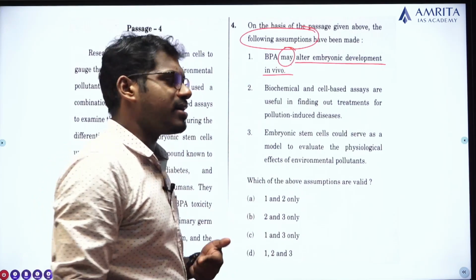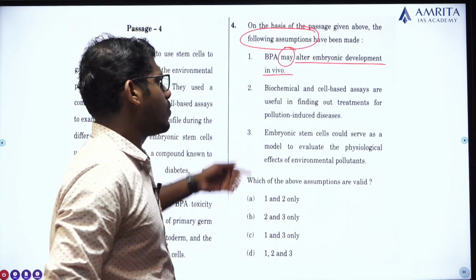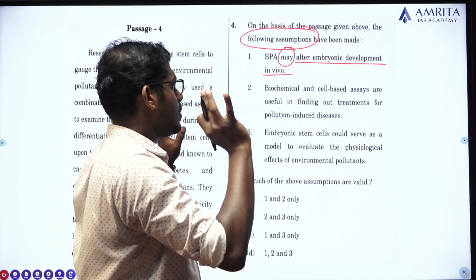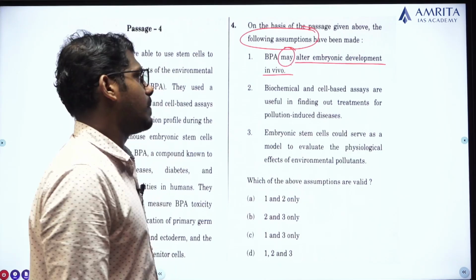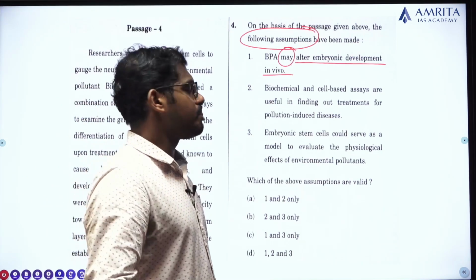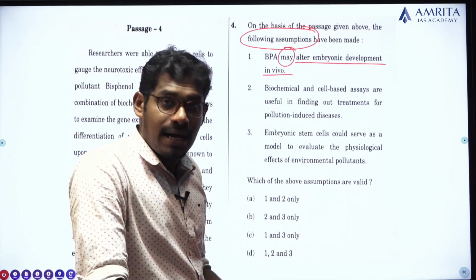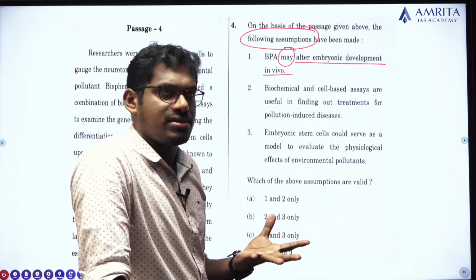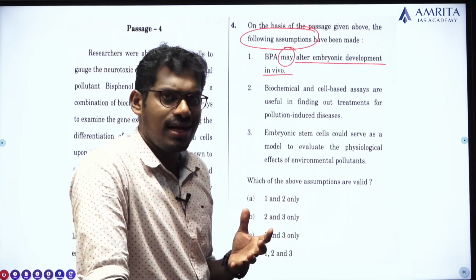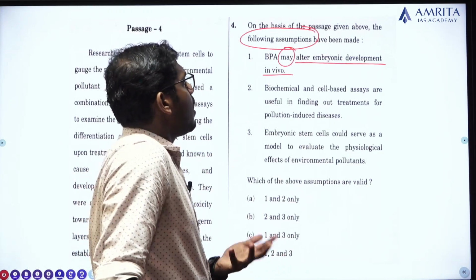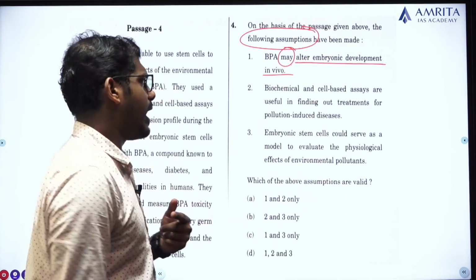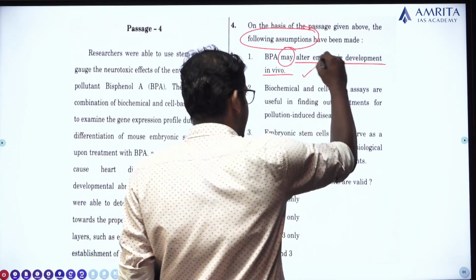BPA may alter, and that can be correct, because they are not definitely saying that BPA always alters embryonic development in vivo. They just say BPA may. So it's a pollutant. Use your common sense. Bisphenol A is a pollutant, and it can alter embryonic development in vivo. It's a possibility. So I am taking it as a correct one.